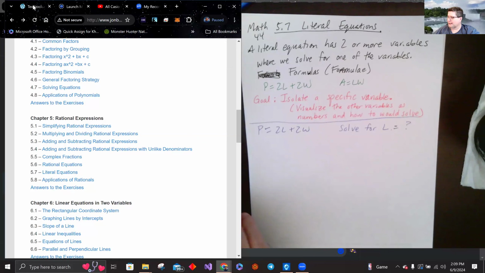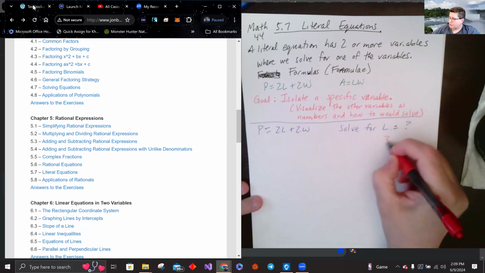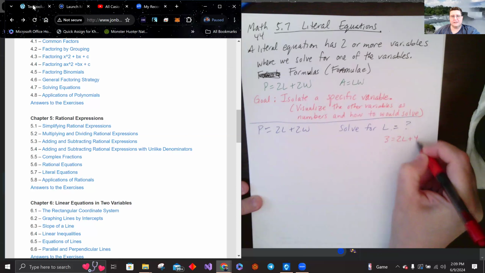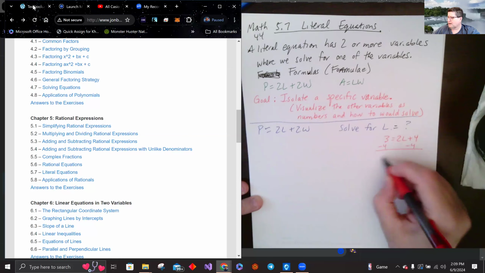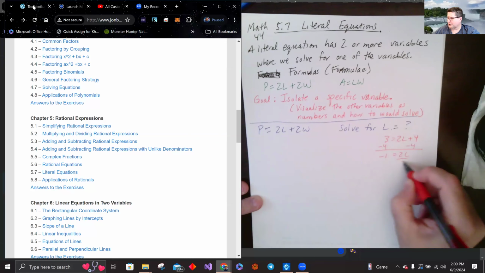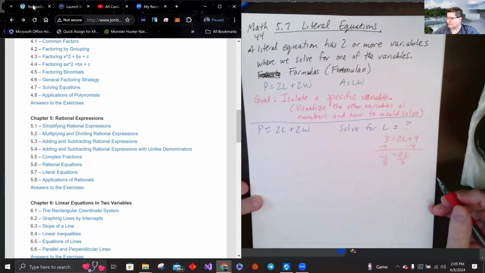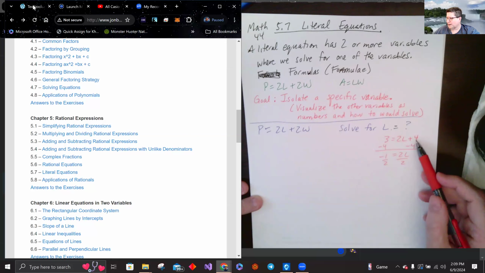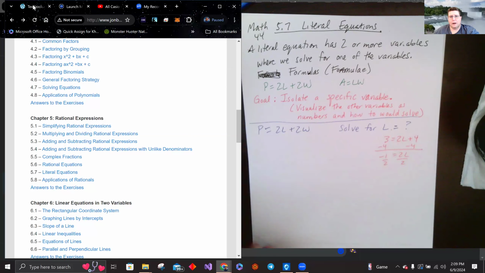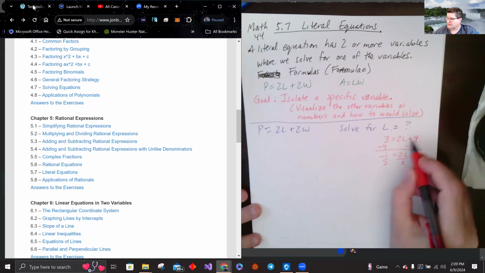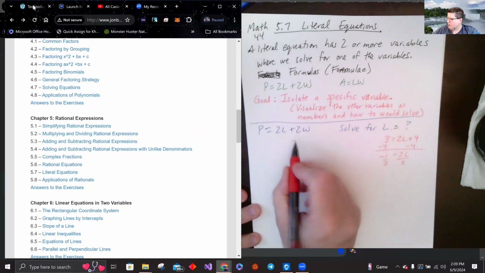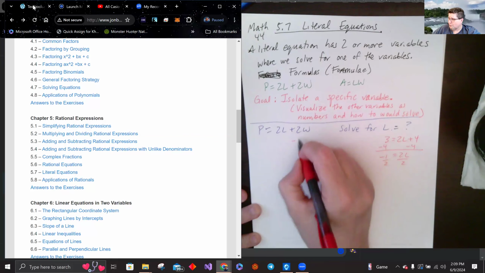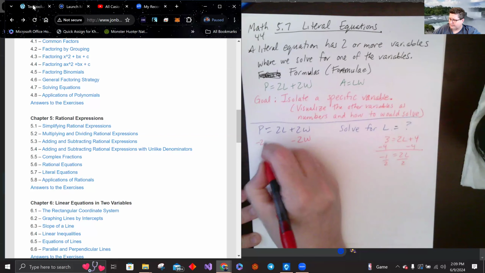So if we had something like 3 equals 2L plus 4, this is fairly straightforward. We subtract the 4 over and we divide by 2. Well, now instead of having 3 and 4, we have P and W, but that process doesn't change. Just like here, we subtracted the 4. That was what was added to 2L. We're gonna subtract 2W from both sides.